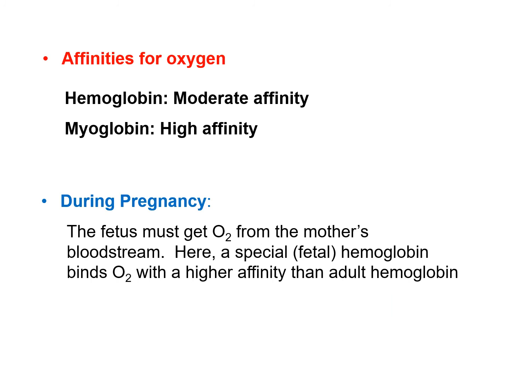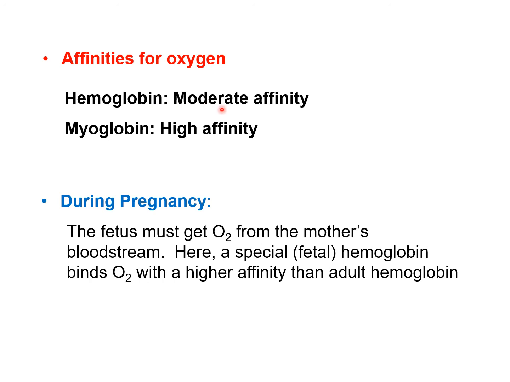One major difference between hemoglobin and myoglobin is the affinity for oxygen. So hemoglobin has moderate affinity, as opposed to myoglobin, which has a high affinity. So that is basically optimized for their functions. Myoglobin works for the storage, so it has the high affinity to get the oxygen into the tissues and the cells, as opposed to hemoglobin, which has to bind the oxygen in the lung, but has to release it in the capillaries.